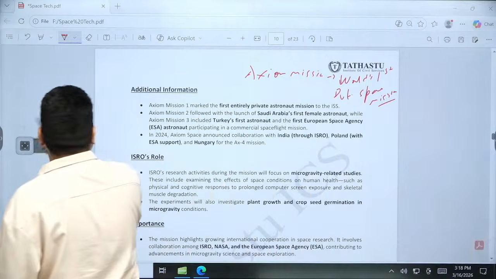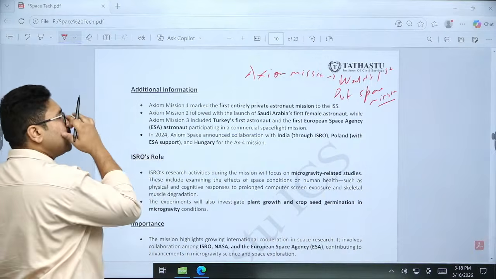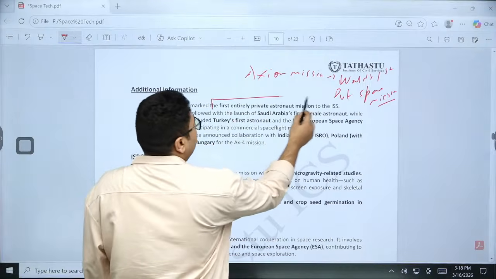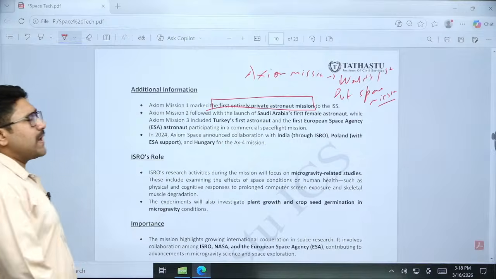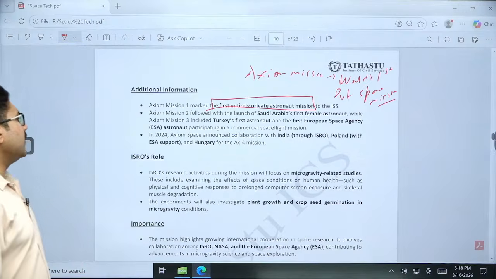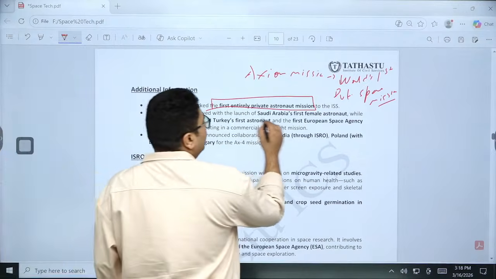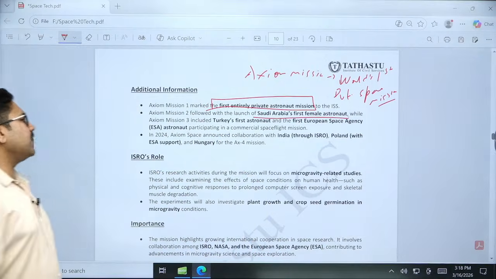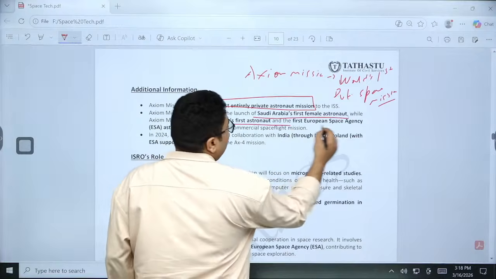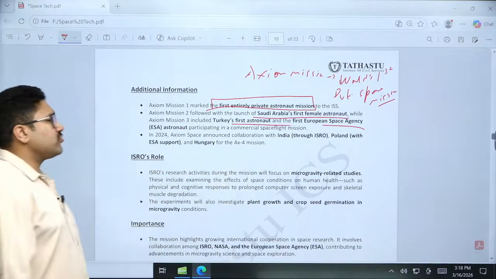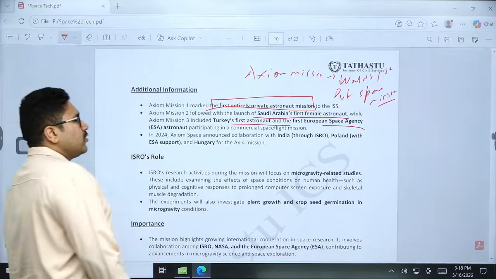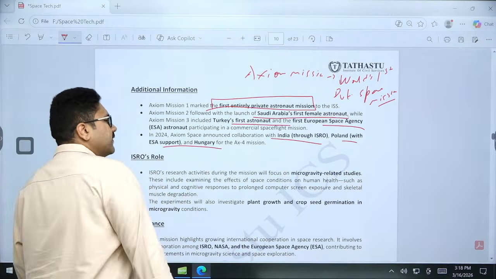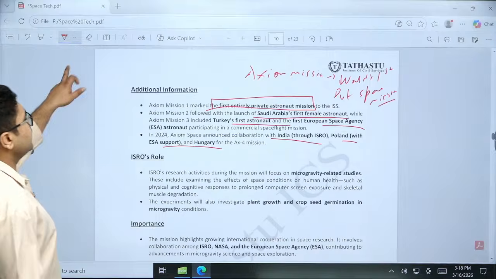Axiom 1 marked the first entirely private astronaut mission of the US. Axiom 2 took Saudi Arabia's first female astronaut. Axiom 3 took Turkey's first astronaut and the European Space Agency's astronaut. Axiom 4 took Indian, Polish and Hungarian scientists to the ISS.